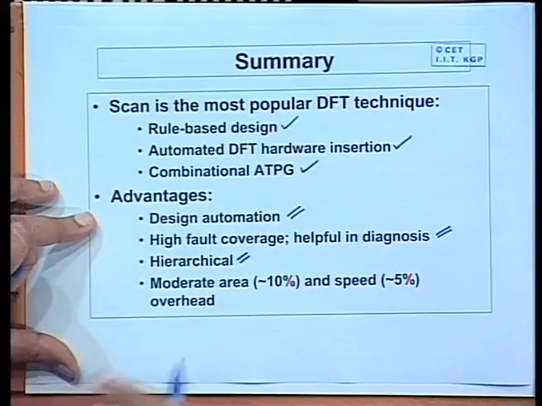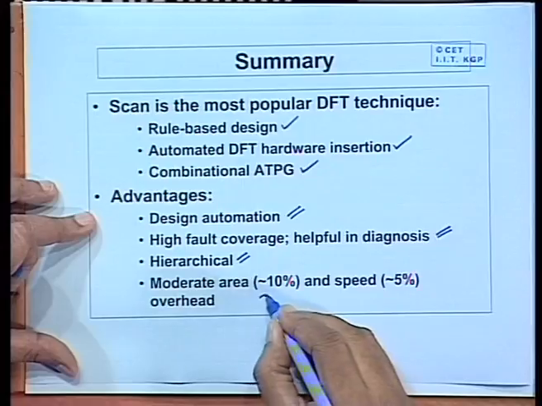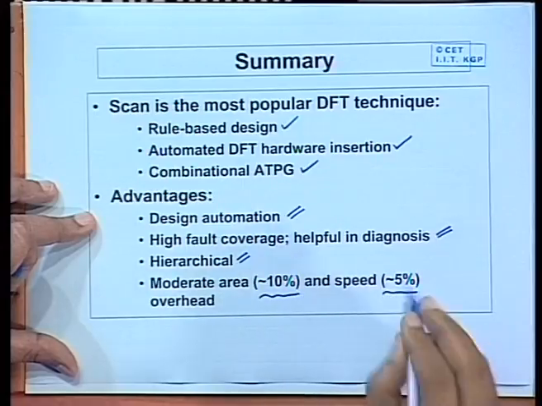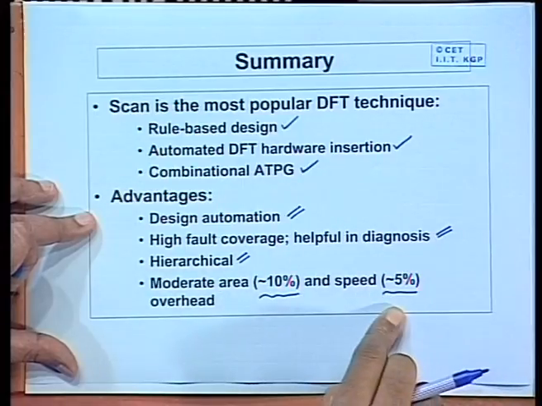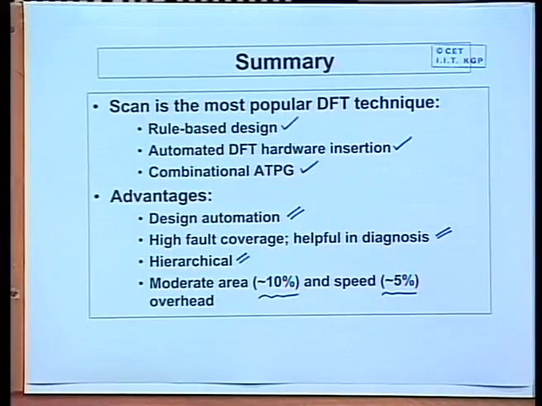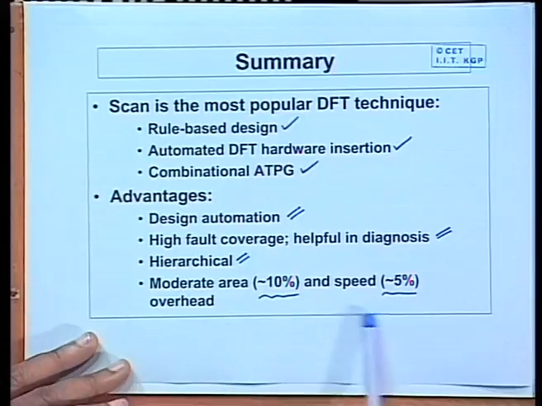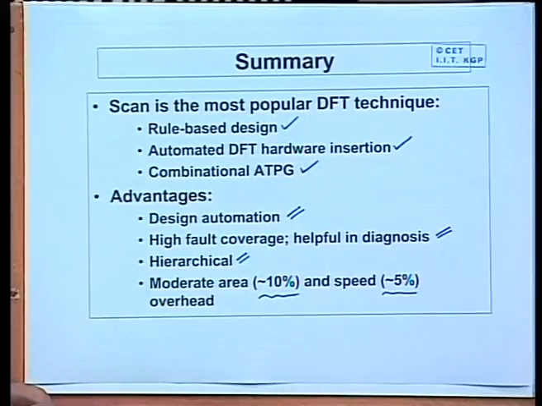You can have hierarchical approach if you want, moderate area and speed overhead, which can be tolerated in most cases, other than extremely high performance design where you want to increase the speed by all means.